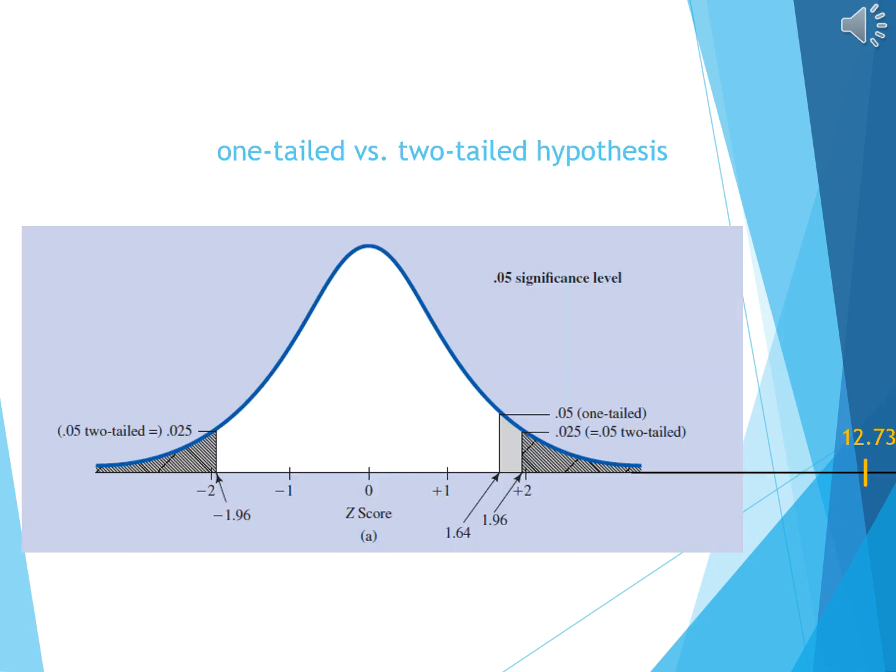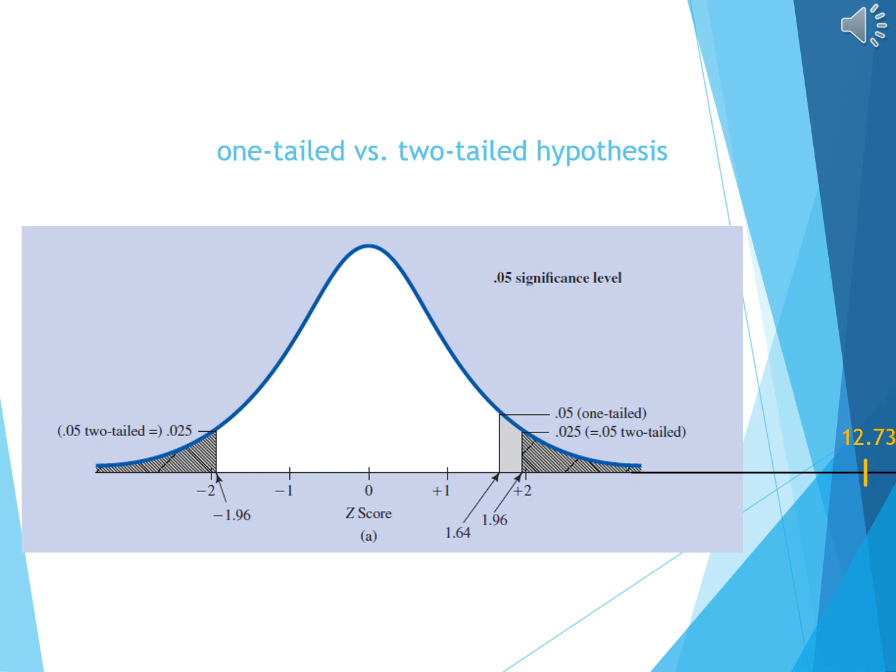So again, from that previous example, we found a z-score of 12.73, which I tried to put on this diagram way, way, way to the right. That is definitely going to be a p-value less than 0.05, and it's going to be in the critical region. It's just so massive, right?